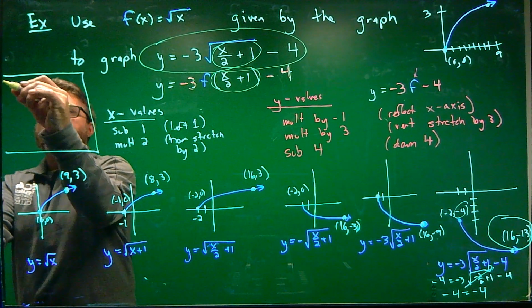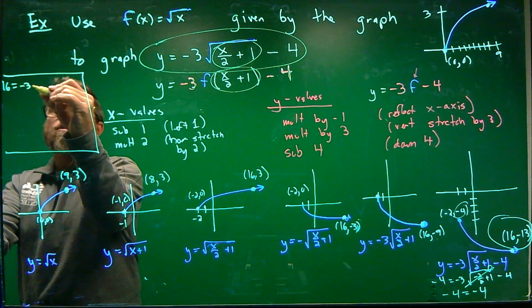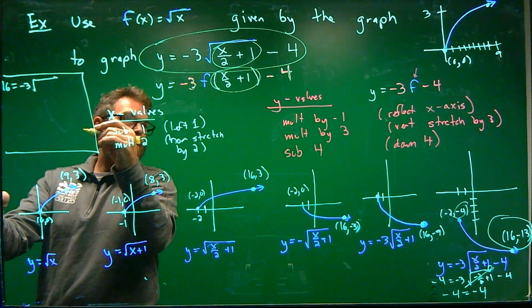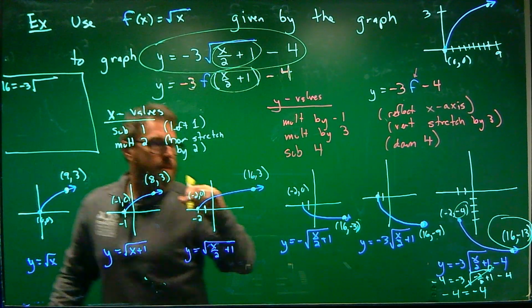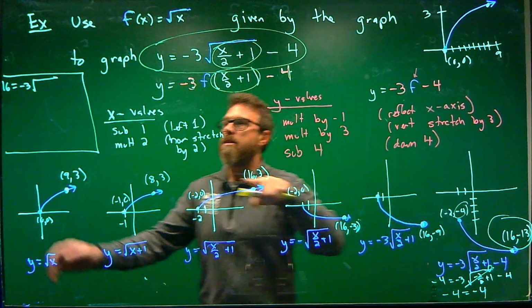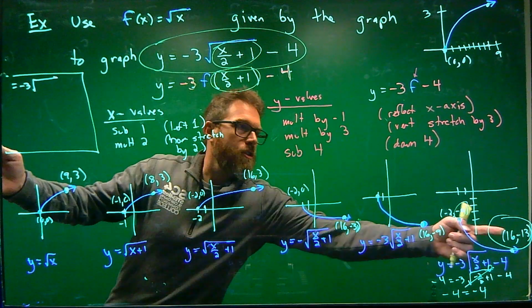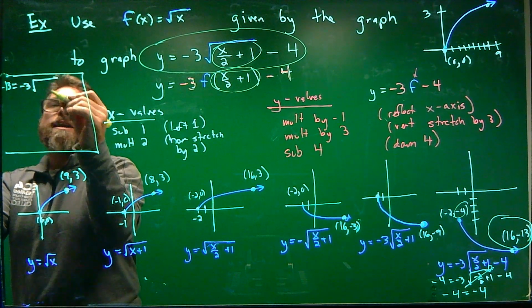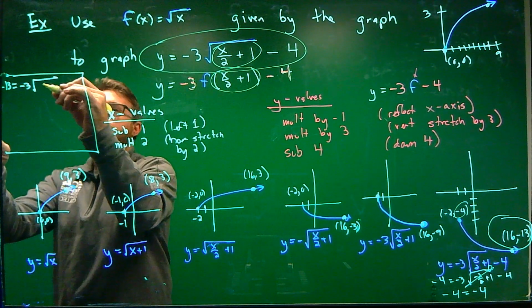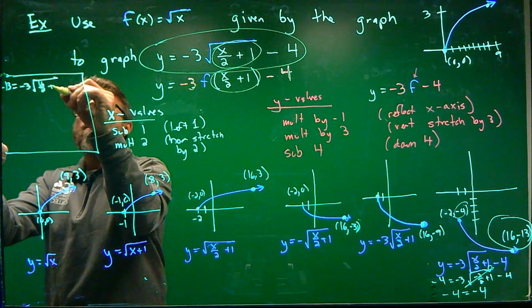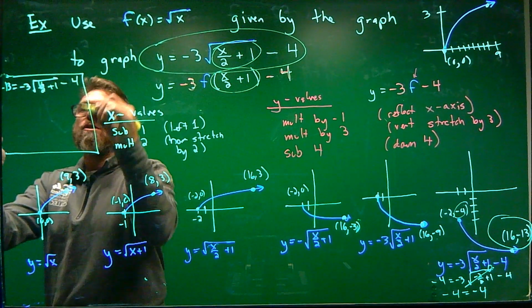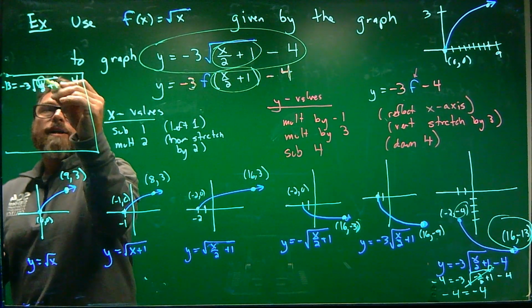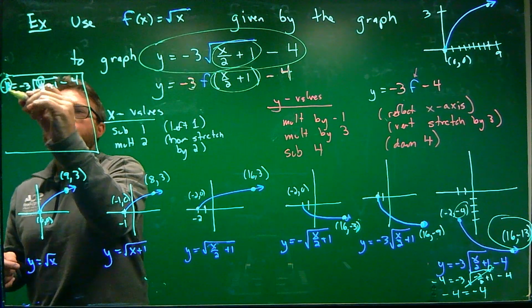So this is minus 13, which is the y coordinate. And this is going to be minus 3 times the square root of x, which is going to be 16 over 2, plus 1, minus 4. So we're just making sure that when I plug in x, I get that particular y coordinate.